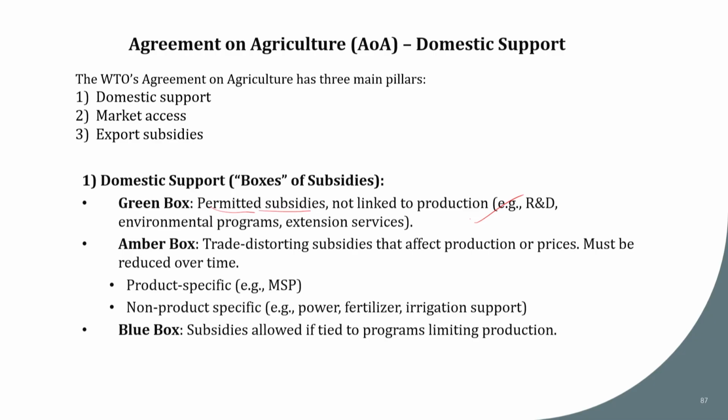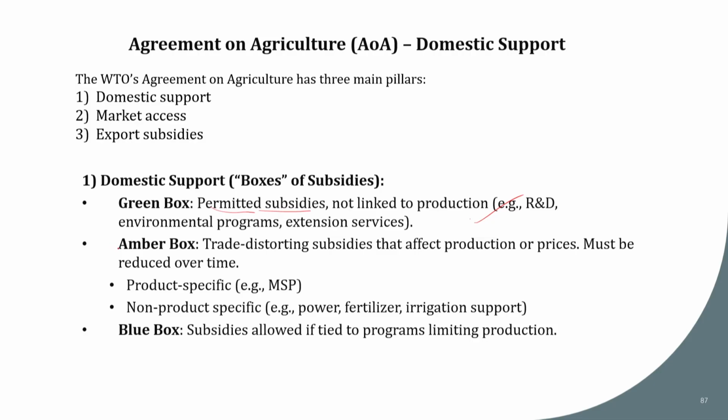These are allowed without limits as long as they are not linked to current production. For example, R&D, environmental programs, extension services, as these are not directly linked to production.